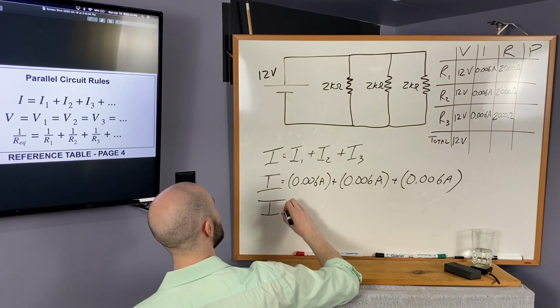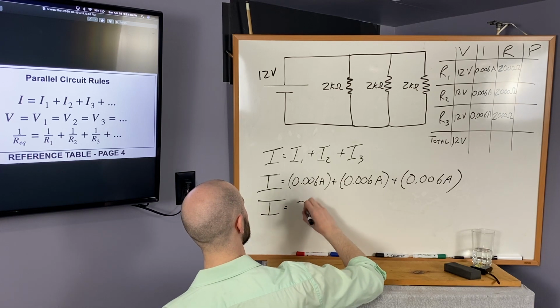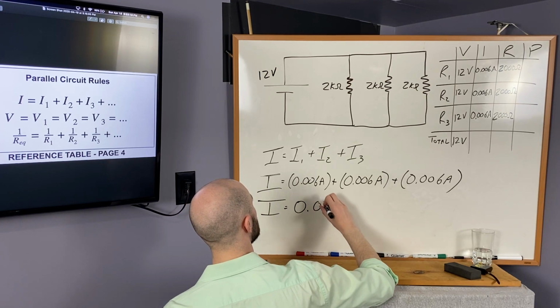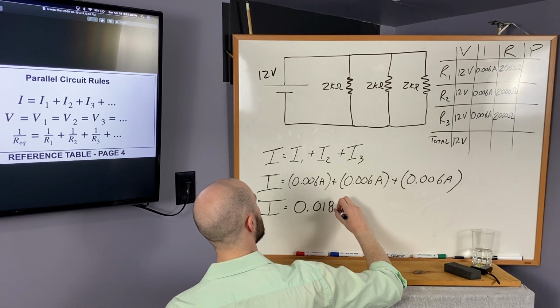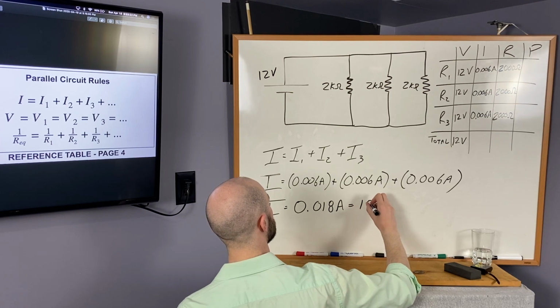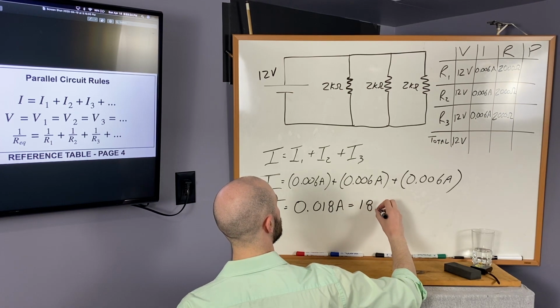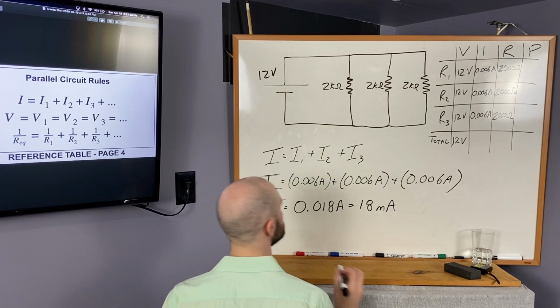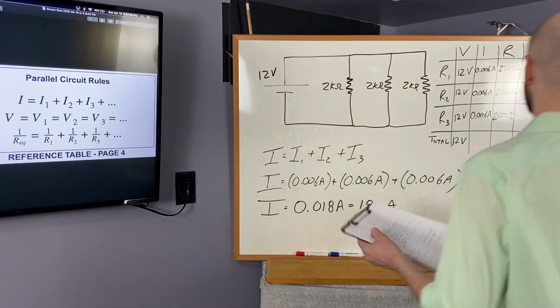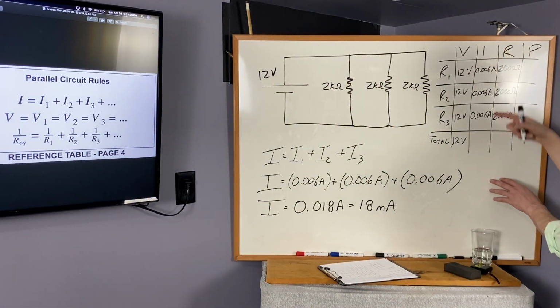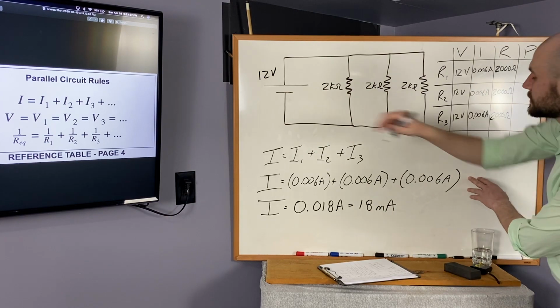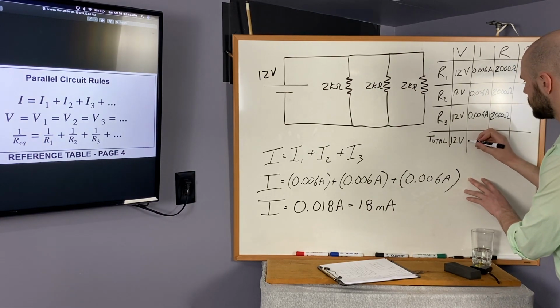That is going to be 18 milliamps. Pretty standard for tabletop electronics. The total current going through this entire circuit is going to be 18 milliamps.